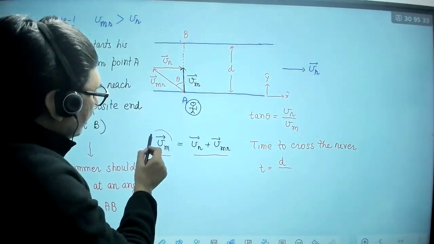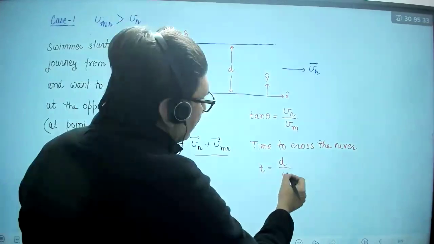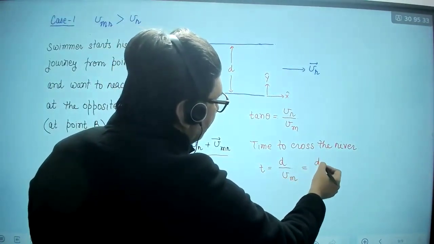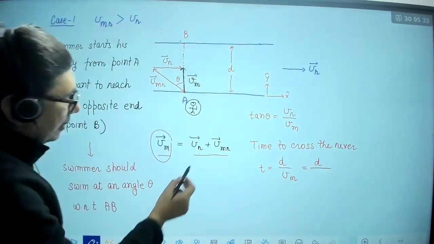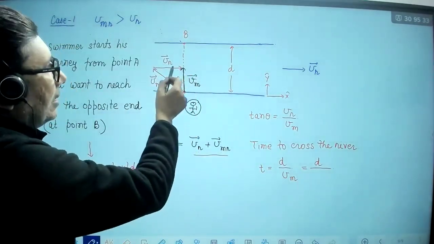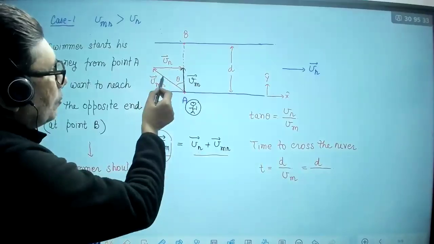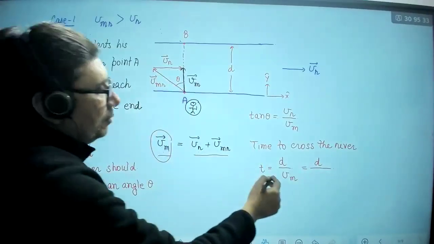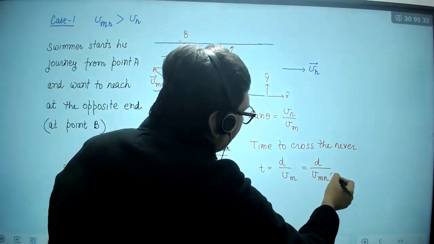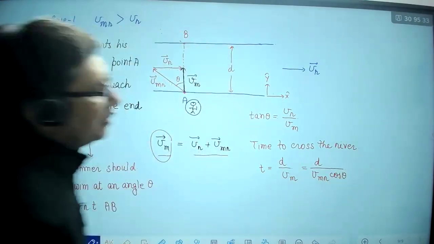The component of this side in the y direction is simply VM. So either I can write VM, or I can write d upon the component of these two vectors in this direction. VR is perpendicular, so its component in the vertical direction is 0, and the component of VMR in this direction will be VMR cos theta.